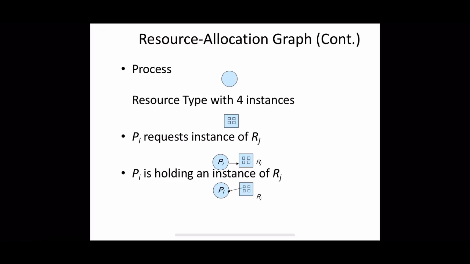So that arrow should be from an instance of the resource to the process. Whereas in case of the request edge, Pi requests any of the instances from resource Rj, so the arrow will point to the outer rectangle. Now let us see an example for a resource allocation graph.